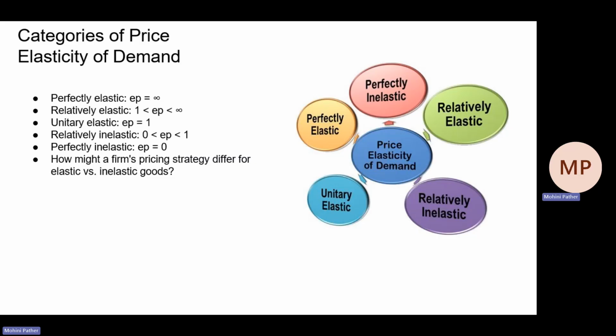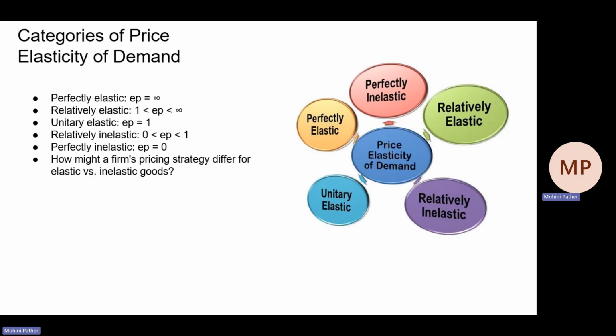That is anything from 1 and slightly above to infinity. So relatively elastic means, again, a 1% increase in price can have a 1% or more impact on your quantity demanded. If you have unitary elasticity, it means that a 1% increase in price results in a 1% decrease in quantity demanded. They're one for one.